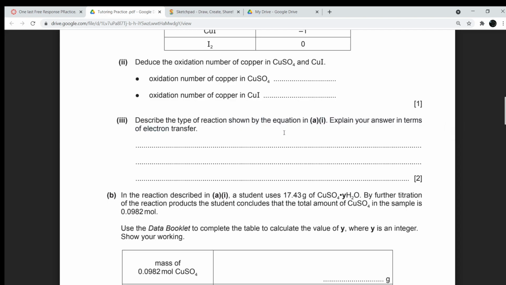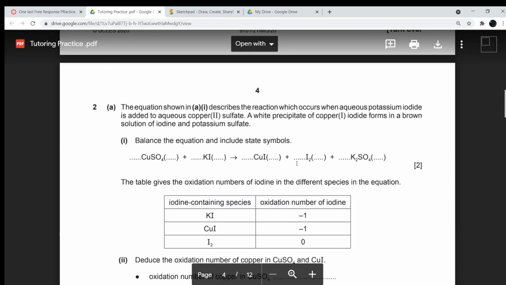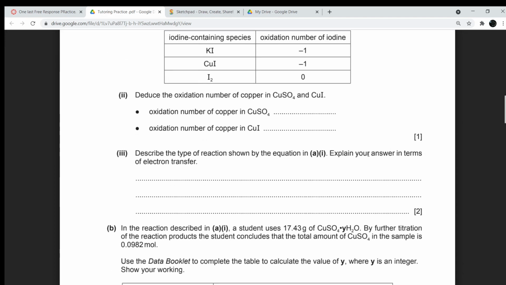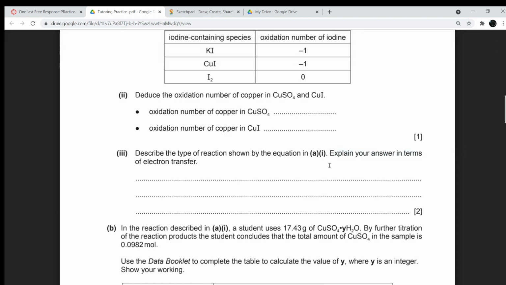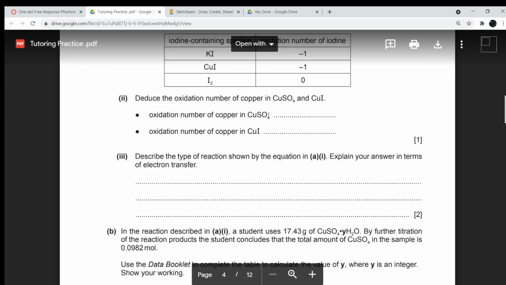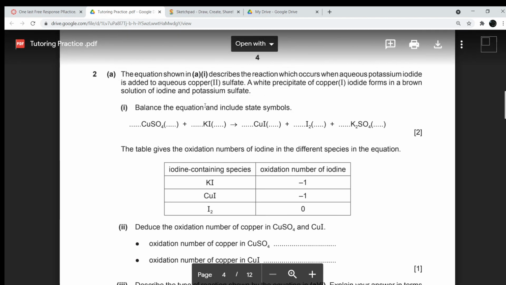Describe the type of reaction shown in equation 1a. Okay? Or A1. Well, this is a redox reaction. Okay? Explain your answer in terms of electron transfer. Okay? Well, iodine lost electrons. This one lost electrons because it had a charge of -1.